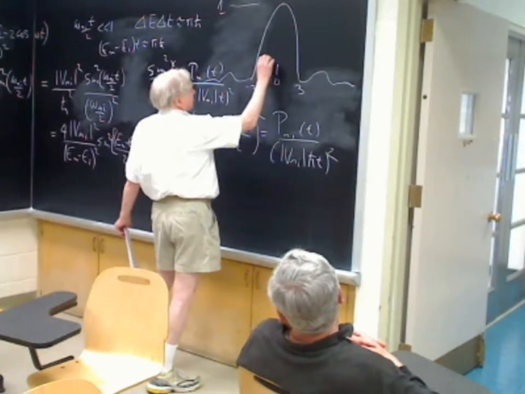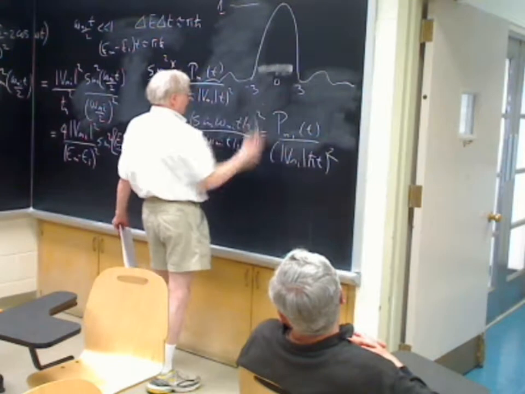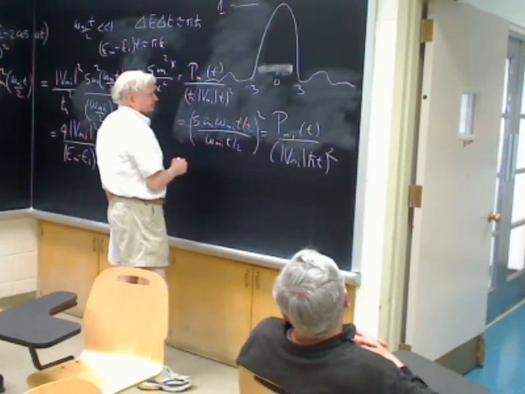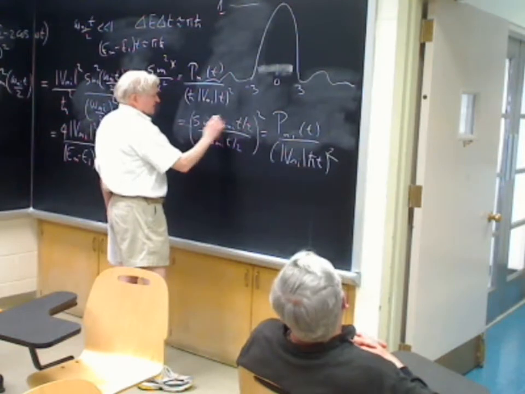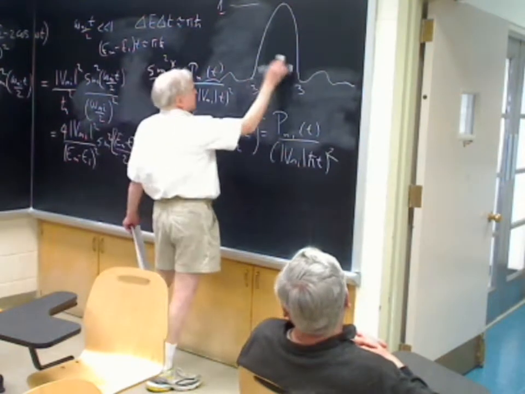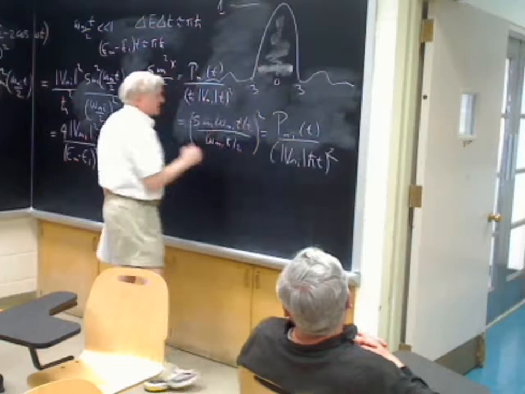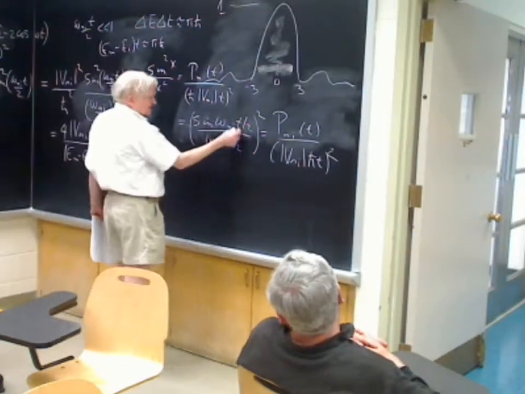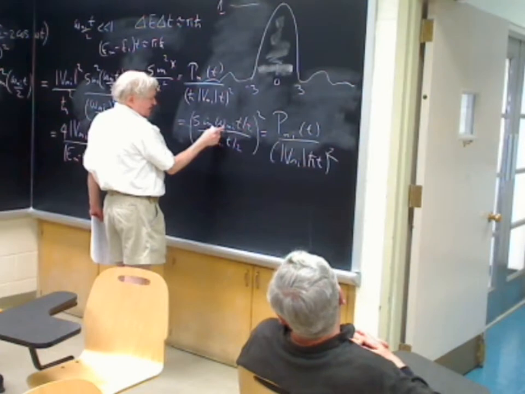Okay, so you see a certain spread in the probability. You've got a certain spread here in energy that's allowed, and the shorter t is, the bigger the spread in omega can be.